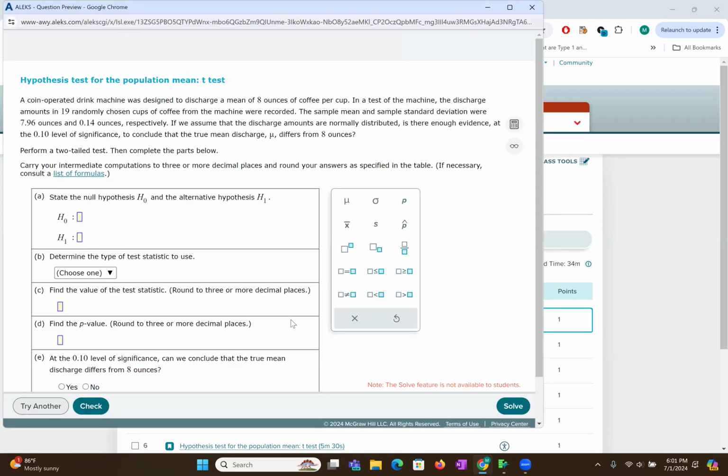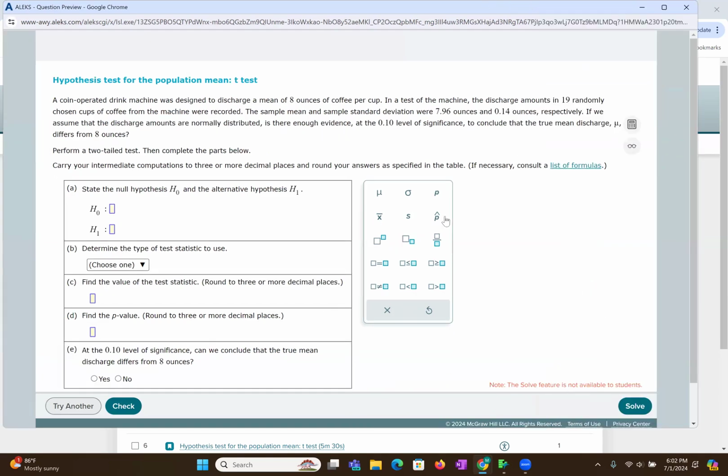So t-tests are when you have some of the data. So you have a sample mean.